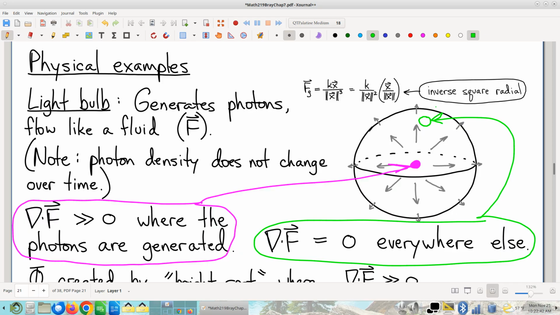Yeah? I'm a little confused. If the field lines are getting smaller, yes, the arrows are getting smaller. Does that mean that there is divergence? You would kind of think so. But it doesn't. Yes, they are getting smaller, but they're also spreading out.